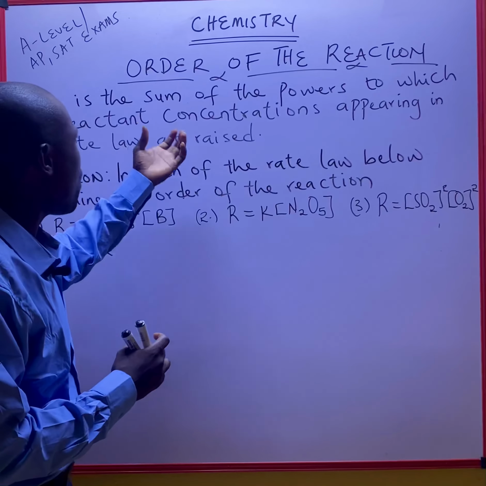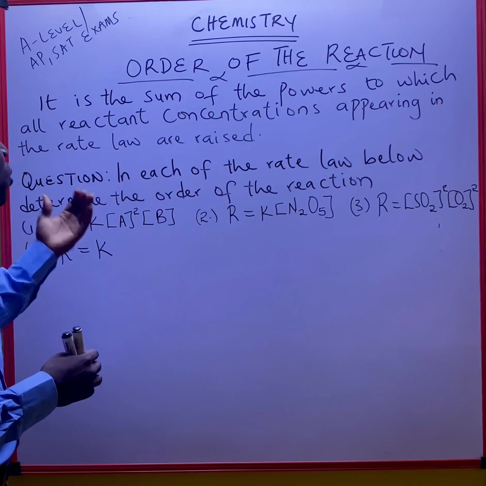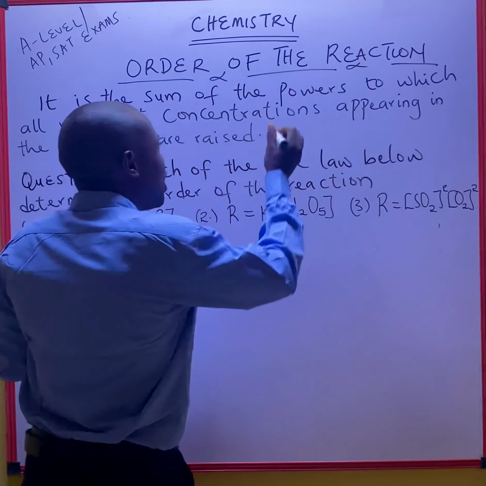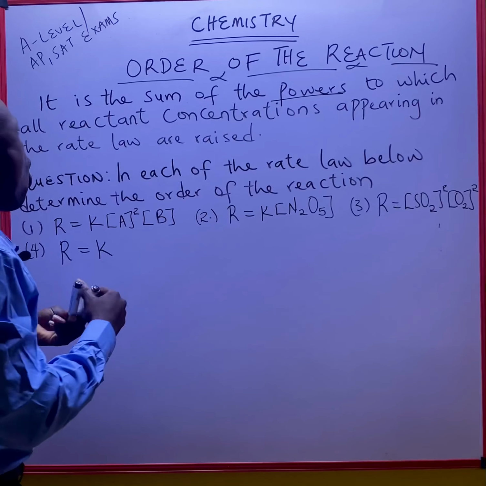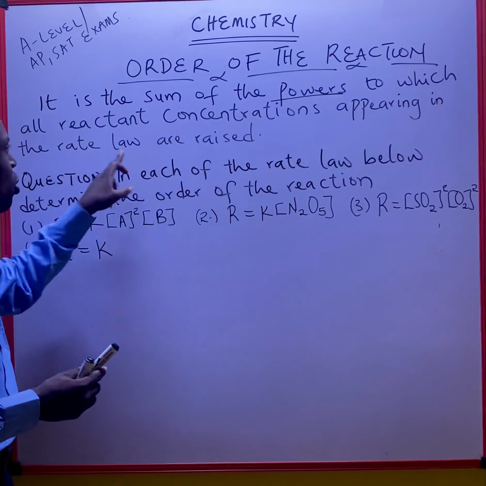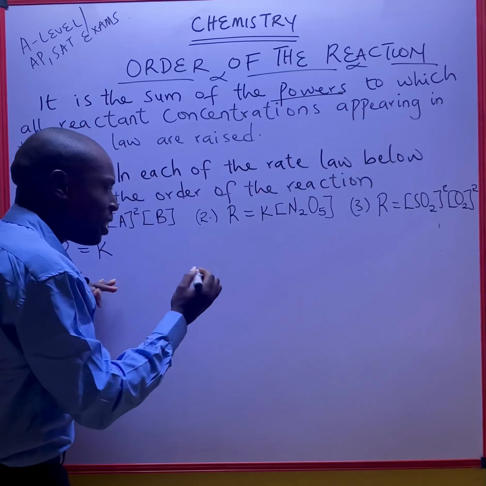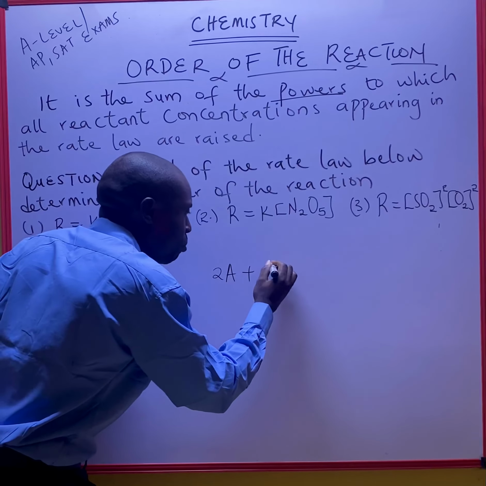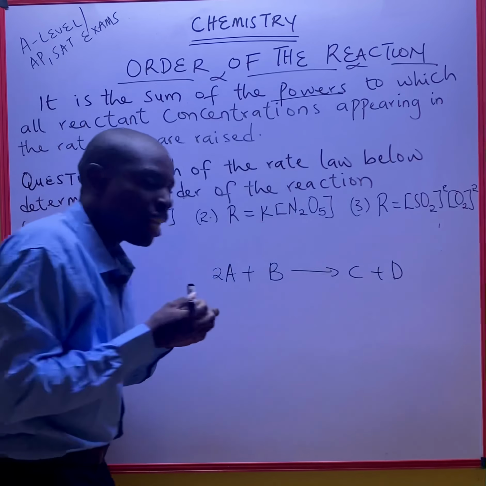Now, we've defined what we call the order of a reaction, which is the sum of the powers to which all reactant concentrations appearing in the rate law are raised. That is to say, if I'm having something like 2A plus B to give me C plus D. Now, look at it.